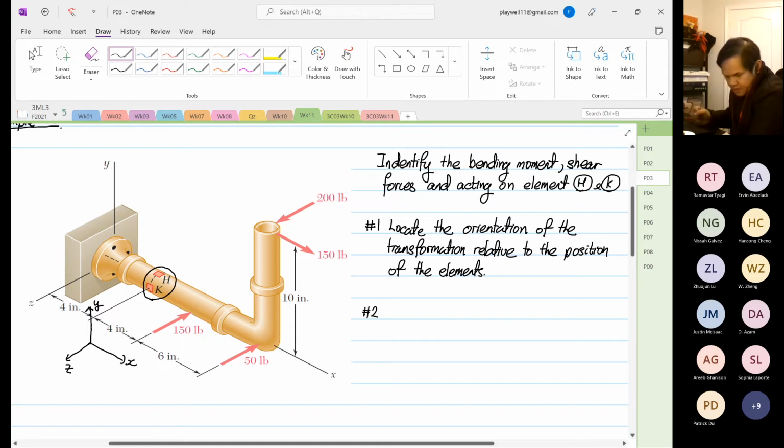The second one is identify the neutral axis relative to the elements.